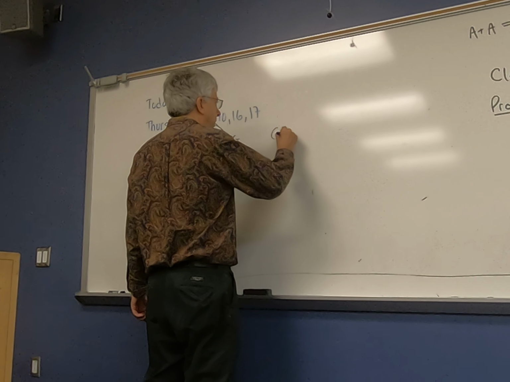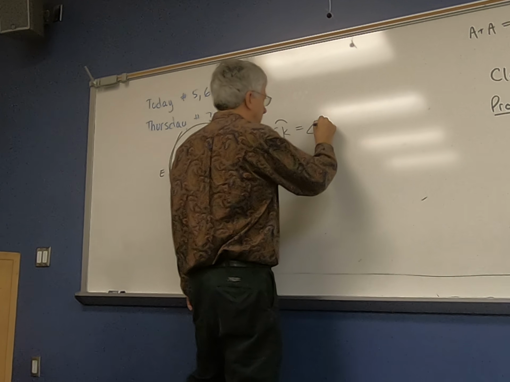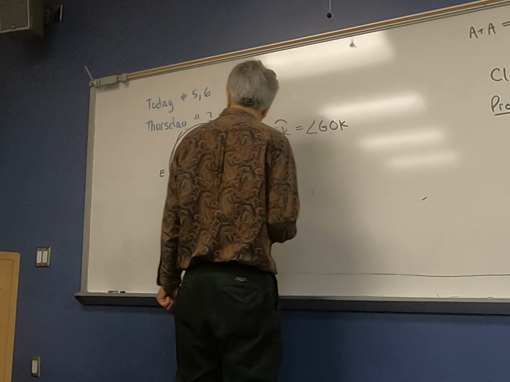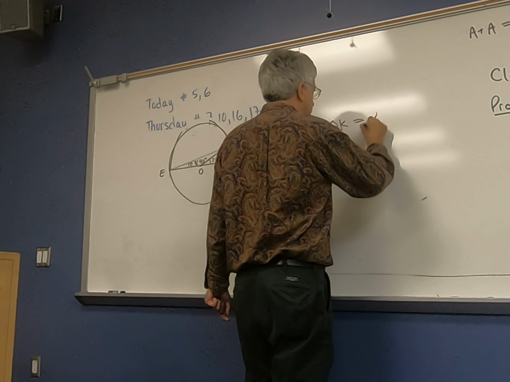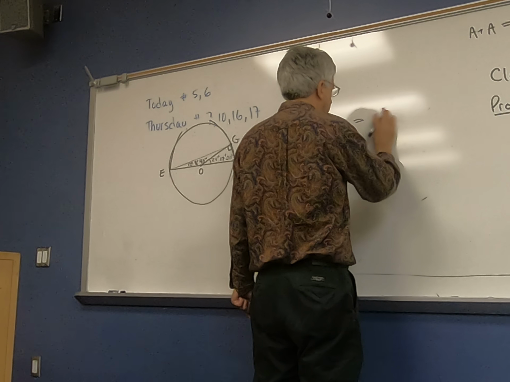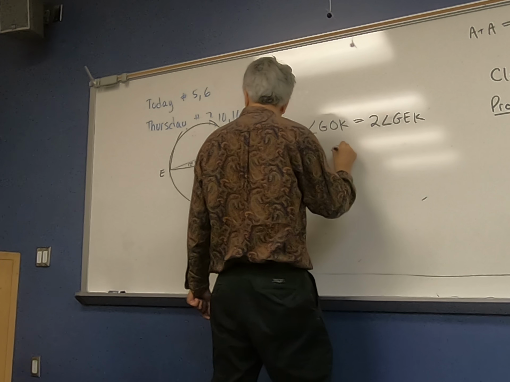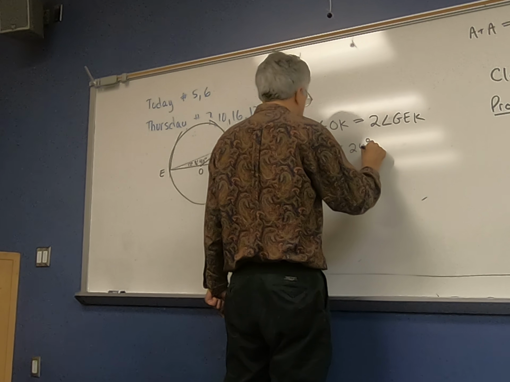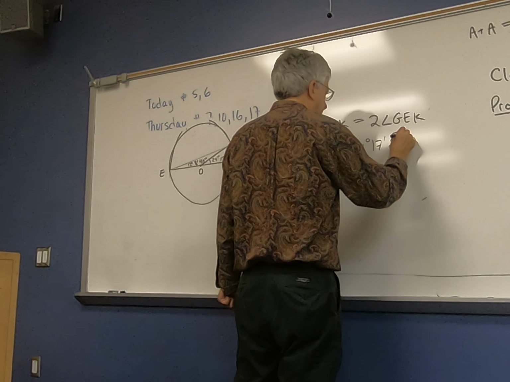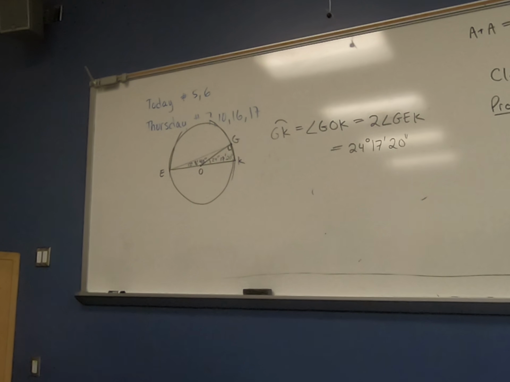Arc GK is equal to angle GOK, and that's equal to twice angle GEK. And so that's going to be equal to 24 degrees, 17 minutes, and 20 seconds. Is that what they wanted us to show? Yeah, okay. So the same thing with GE.